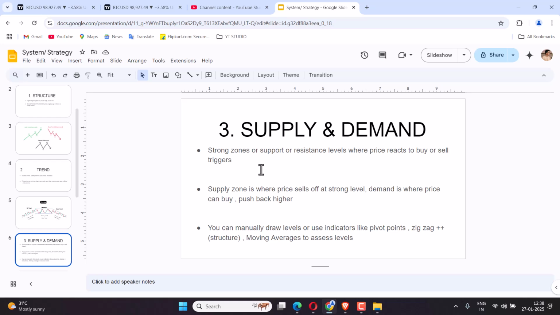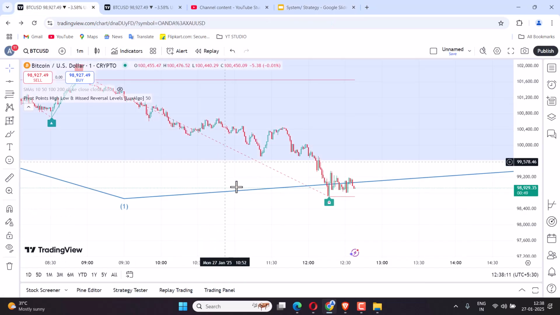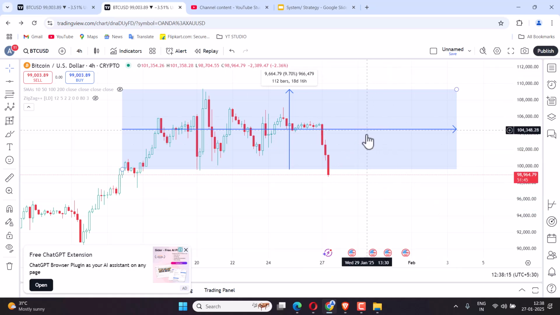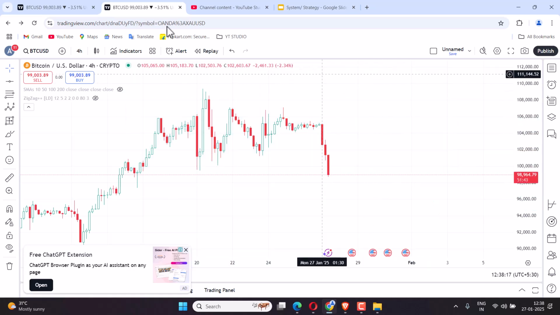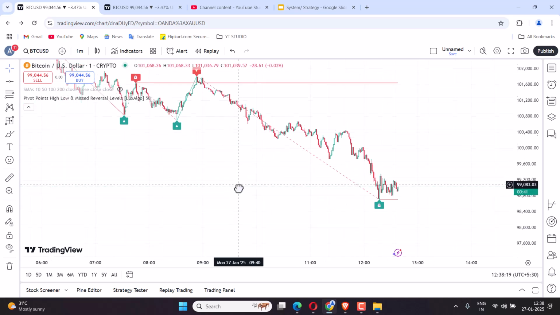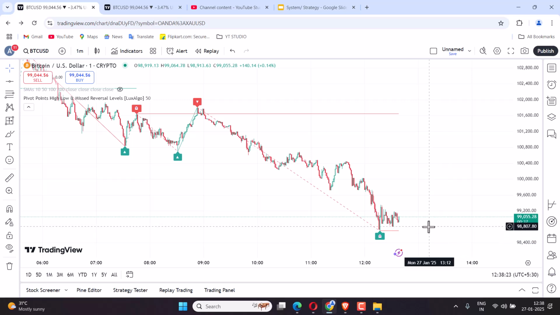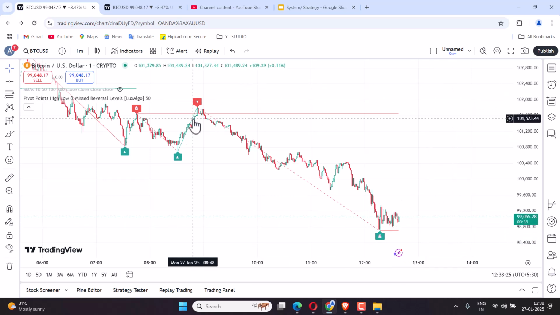Okay, and I can show you the pivot points the way I use them for lower time frames. Basically, if you can see, since the trend is moving in the downward direction, every rejection point at a pivot is like a sell signal. Simple.